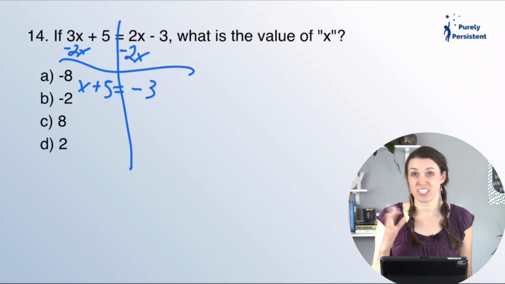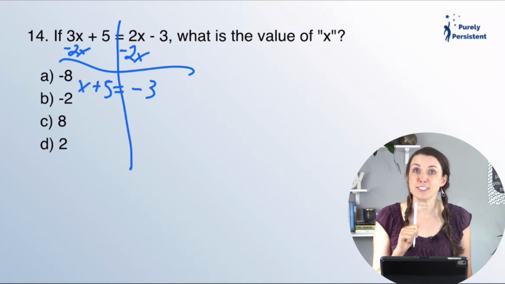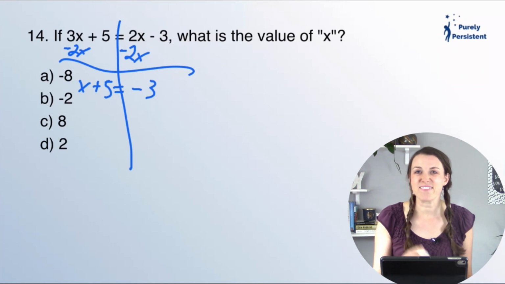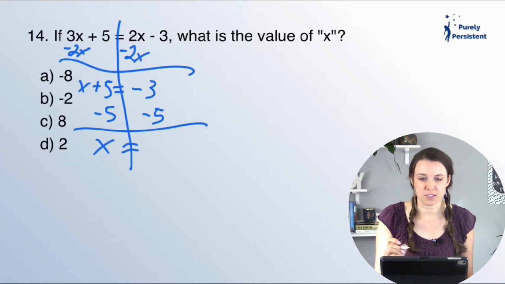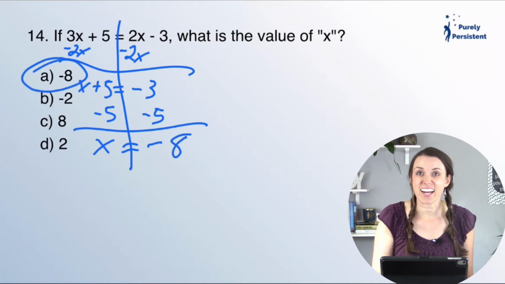Now I have to get x alone, right? How do I get x alone? So I'm going to subtract 5 from both sides. And then x equals negative 3 minus 5. Negative 3 minus 5 is negative 8. So that's my answer, A.